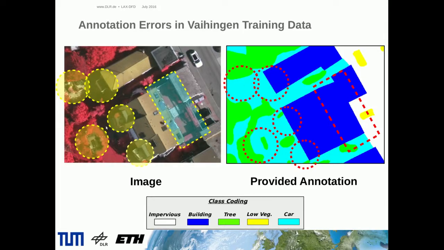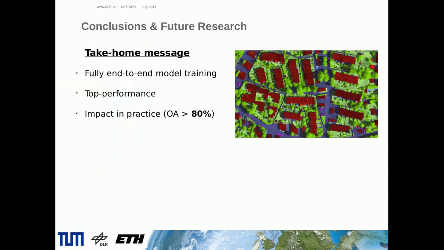You have these balconies that are completely excluded, or these small impervious surfaces that are annotated as low vegetation. So these kinds of small mistakes have to be corrected when you have accuracies over 90% that we are now stating on this benchmark.